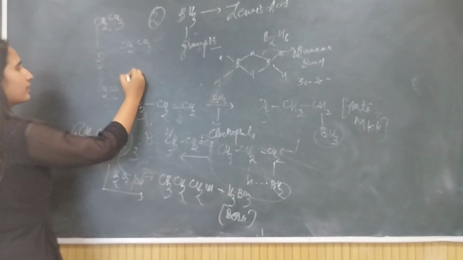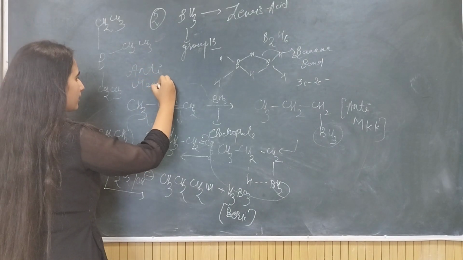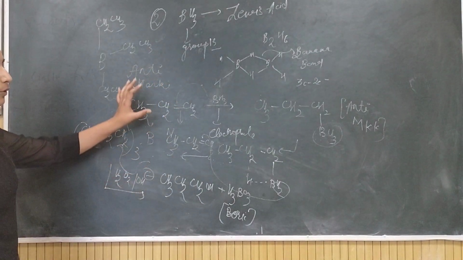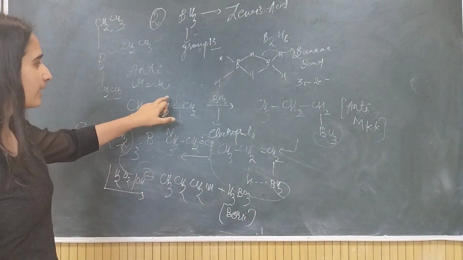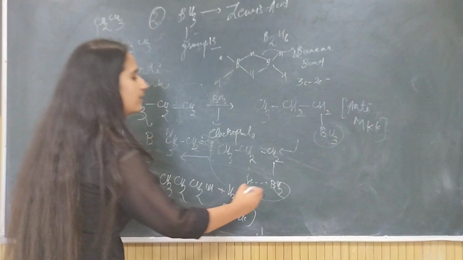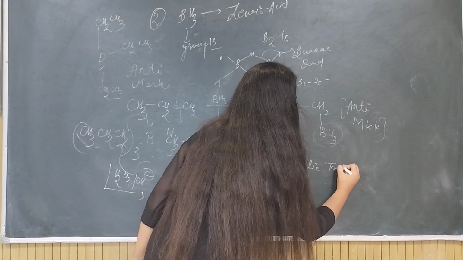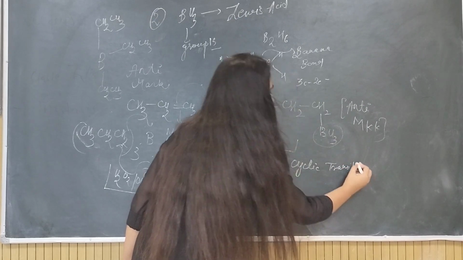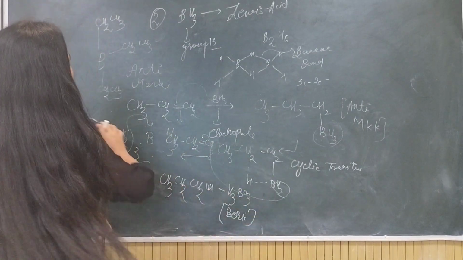It follows anti-Markovnikov. Here, in this mechanism, no carbocation is formed. As we look here, it simply goes via a cyclic transition state. There is no formation of an intermediate as in the previous mechanism.